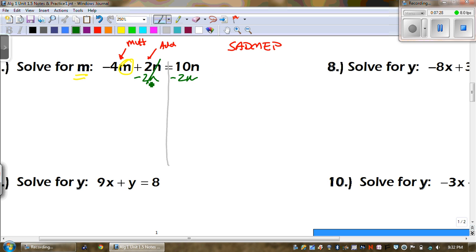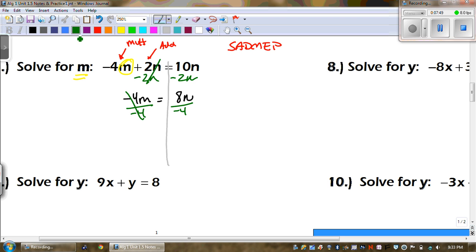Okay, those cancel, and we still have the negative 4m equaling, we combine those, 10 minus 2 is 8. Okay, and now we're just left with multiplication, and to get rid of multiplication, we use division.